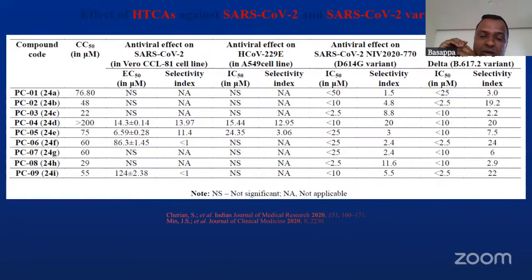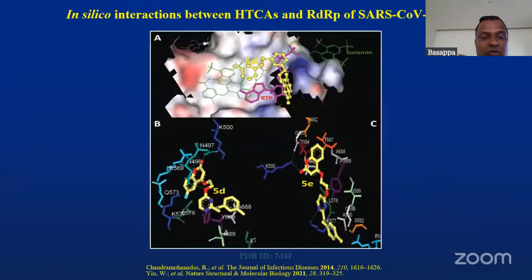So this work was published in the American Chemical Society Omega journal as a cover page article. So we have shown in silico, by comparing the structure of suramin and the compounds which we have used, 5D here, PC4 and PC5.